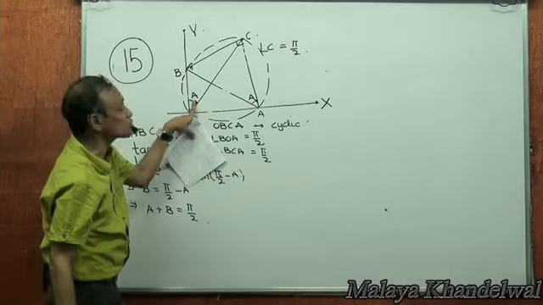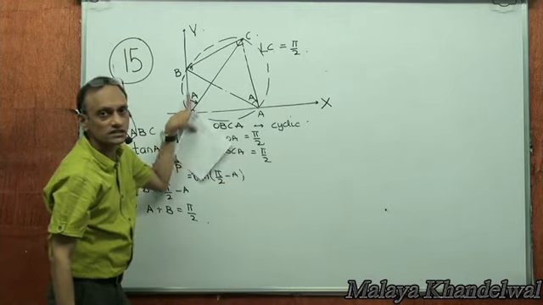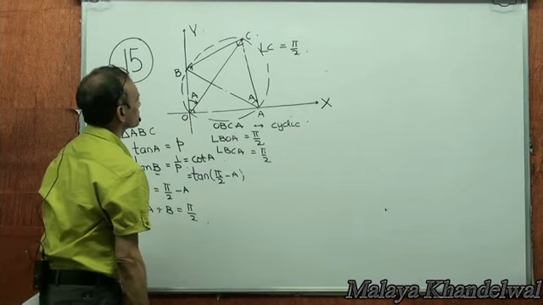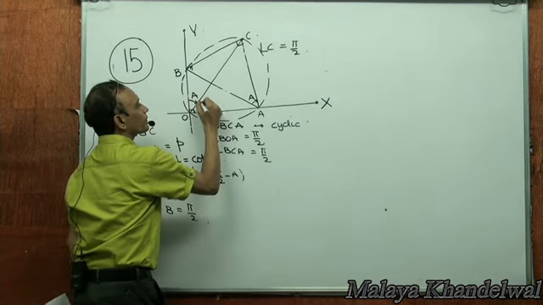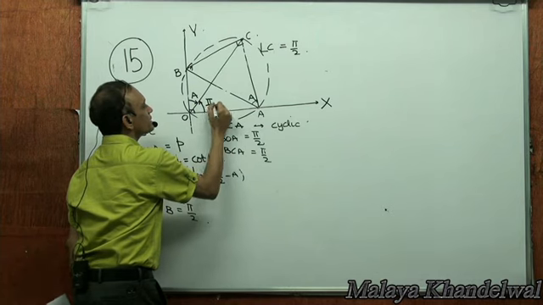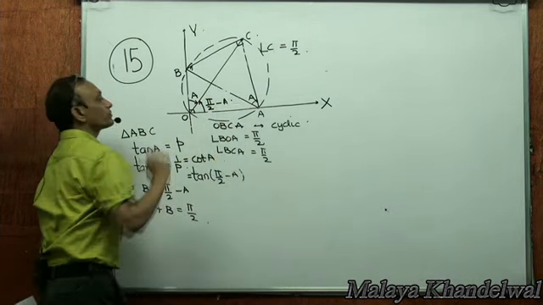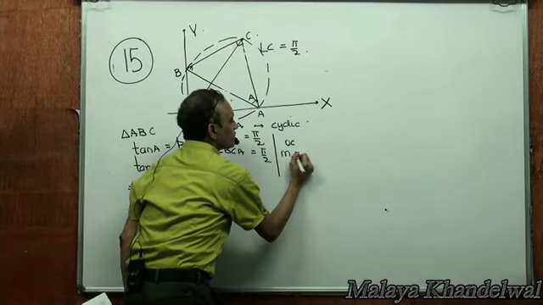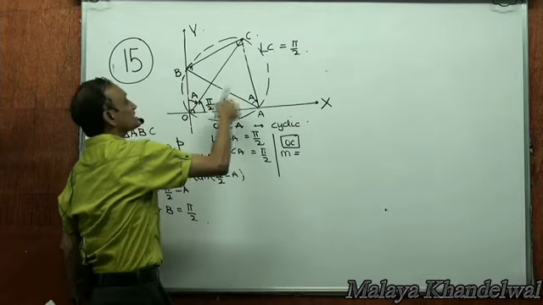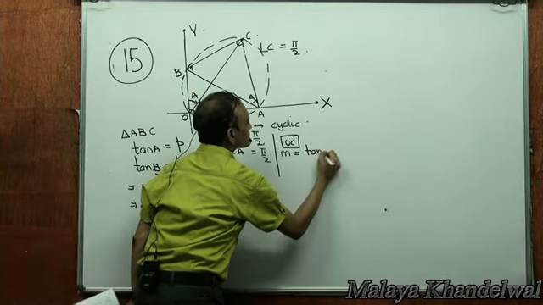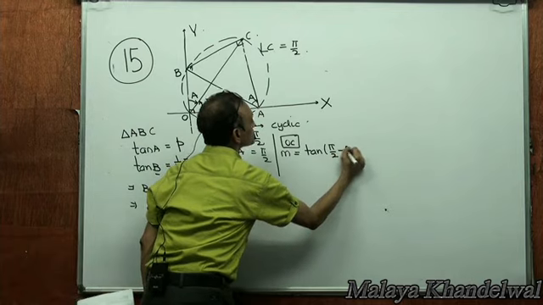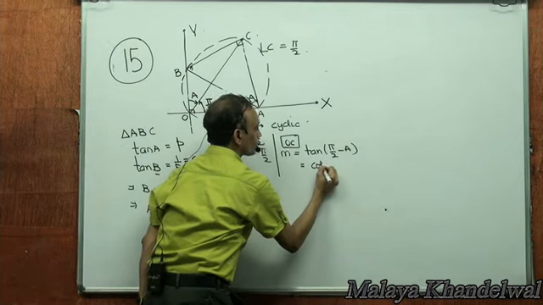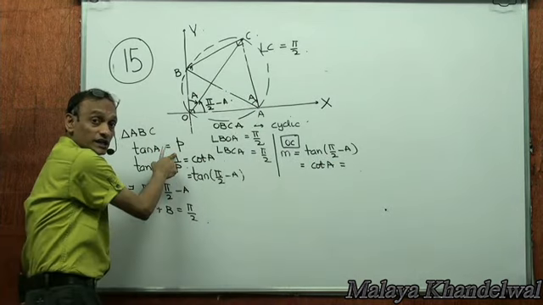If this angle is A, this is also A. Now, this is very clearly then 90 minus A. That means if you look at OC, the slope of OC is going to be tan 90 minus A, which is cot A. Which is very clearly 1 by P, the slope.